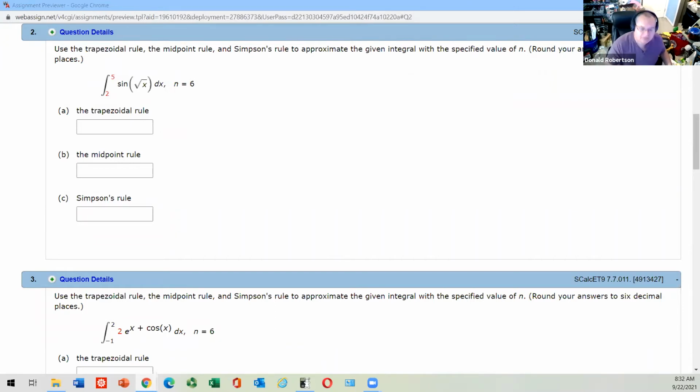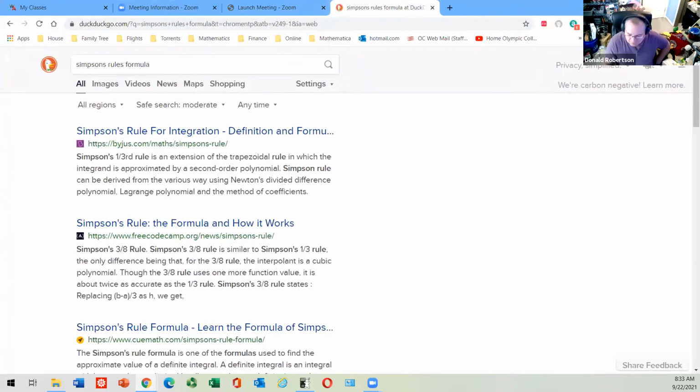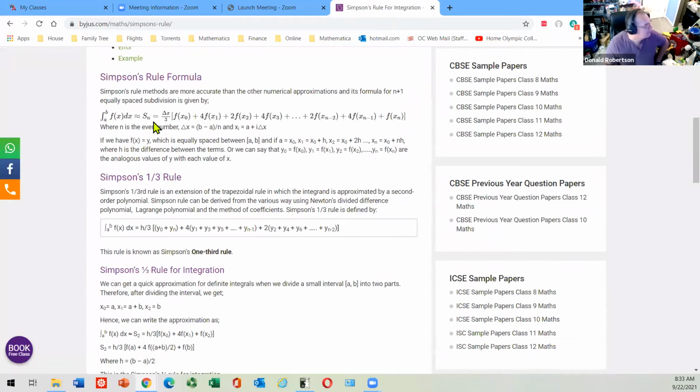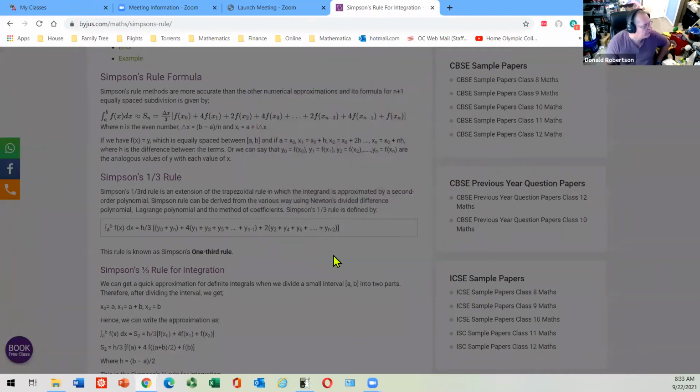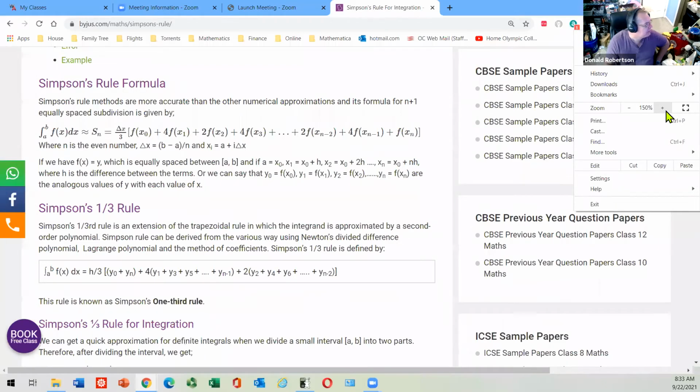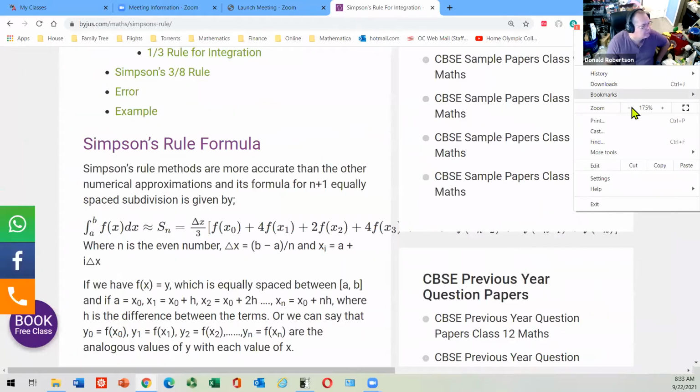Hang in there, I'm actually typing some stuff here. Can you see the Simpson's rule formula? Okay. Oh, go away. Who wants to buy that, whatever it is? So make it a little bit bigger. Oh, maybe not that big.